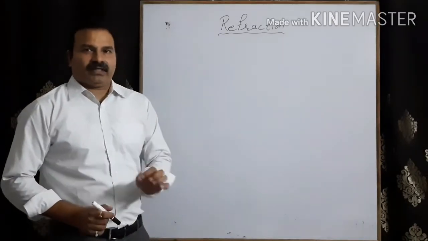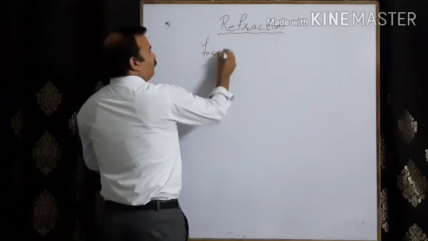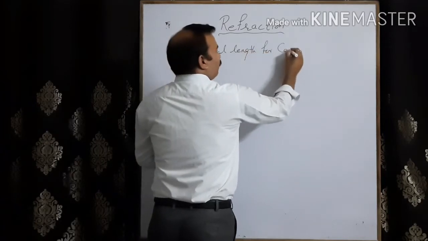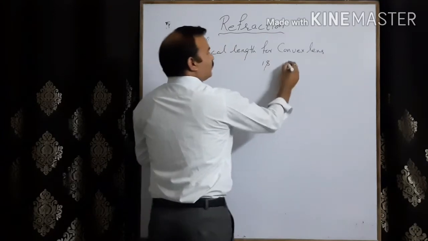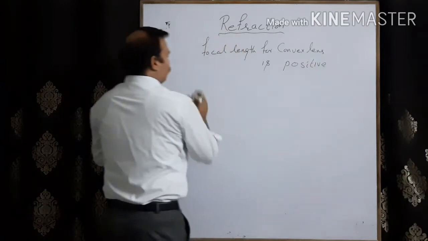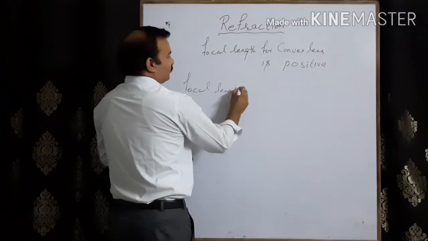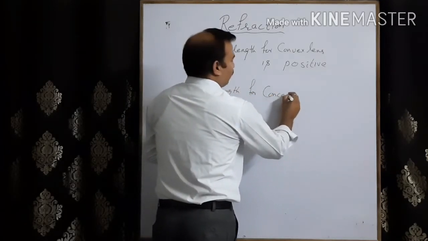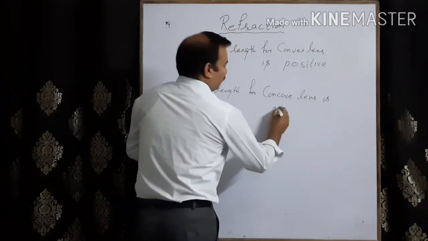A very important thing I'm going to tell you is that the focal length for a convex lens is positive, whereas the focal length for a concave lens is negative.